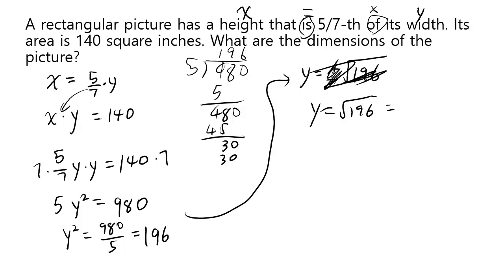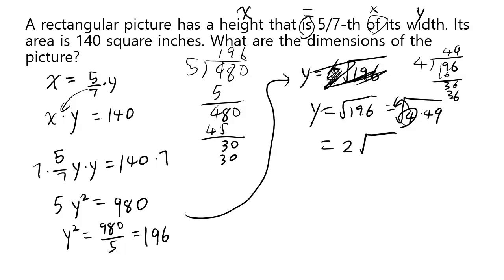So 196 seems to be divisible by 4. 196 divided by 4 is 49. So this is 4 times 49, and the square number comes out as its square root. The square root of 4 is 2, so it's 2 times the square root of 49. Oh, but wait, I recognize this number. 49 is 7 squared, right? So that can also come outside as a 7, so that's equal to 14.